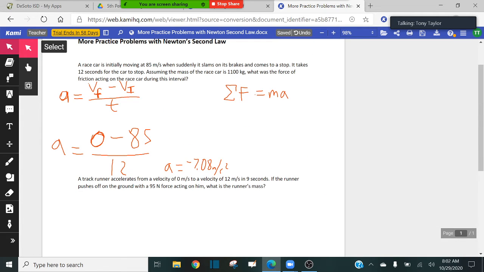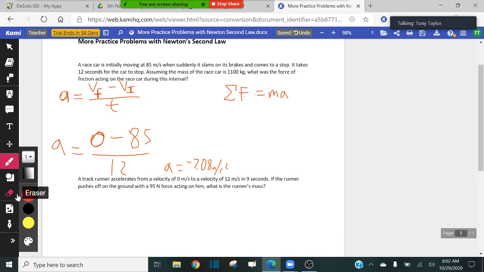Now, guys, check this out. The problem says solve for the force of friction acting on the race car. So force is equal to mass times acceleration. Since I know my acceleration here, I can take this acceleration and plug it into this equation right here, plug in the mass, and that'll give me my force. So let's do it now. Force is equal to mass, which is 1,100 kilograms, multiplied by my acceleration that I just solved for, which is negative 7.08.